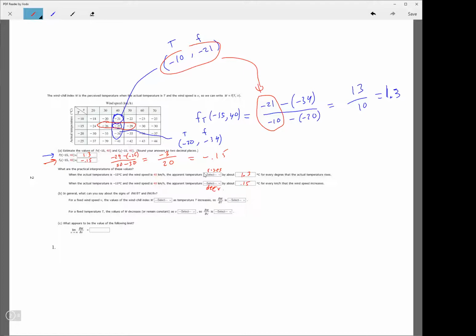Okay, and then the next part, in general, what can you say about the signs for a fixed wind speed? The values of the wind chill factor W increase as the temperature increases. So it's positive, and then the other one's decreases and negative.